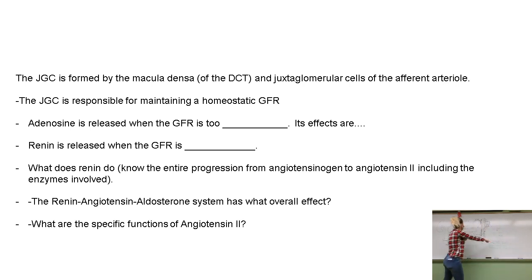And we know now that aldosterone and ADH work in the distal convoluted tubule and the collecting duct, right? They increase the reabsorption of water and sodium and the excretion of potassium.